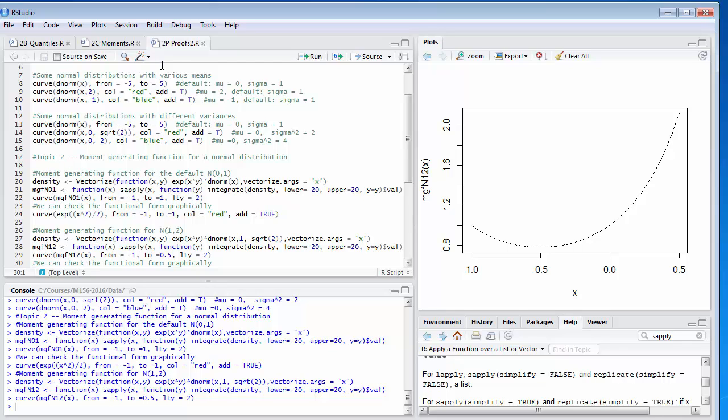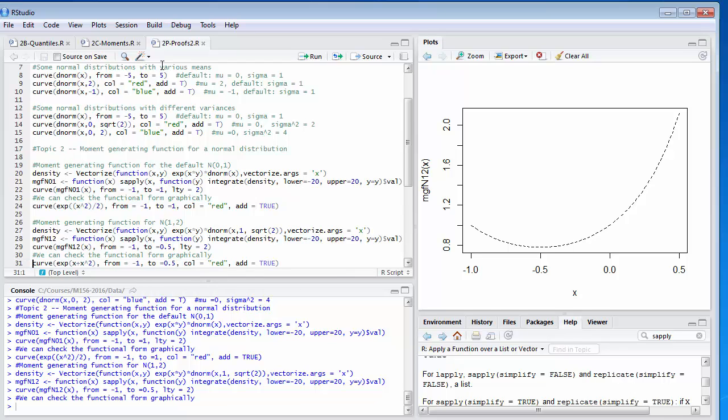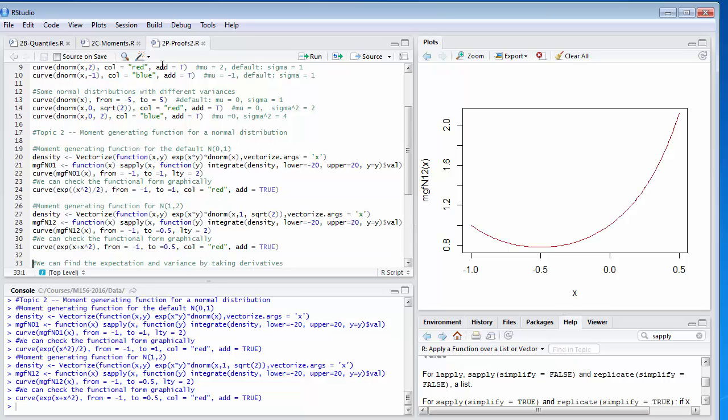So somehow the mean and the standard deviation have got encoded in the shape of that parabola. Theoretically, this is proved in the math notes. In this case, the moment generating function should be e to the x plus x squared, and sure enough, when I graph that, it lies right on top of the original curve.